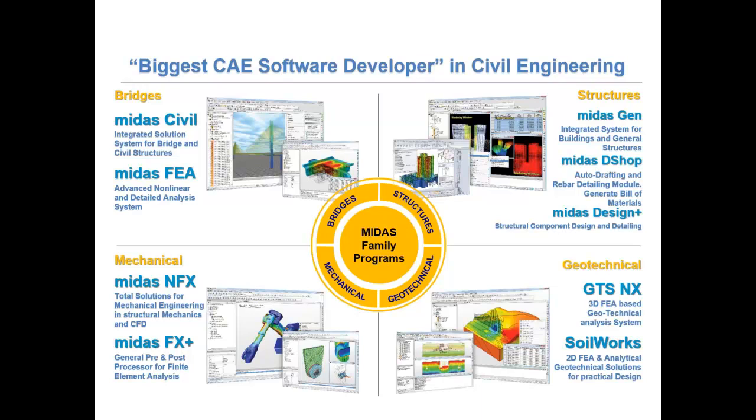Then coming to the structures family programs, there is MIDAS Gen, MIDAS D-Shop, and MIDAS Design Plus. In MIDAS Gen, you can perform analysis and design of simple buildings or high-rise buildings or even steel structures, as well as general structures.